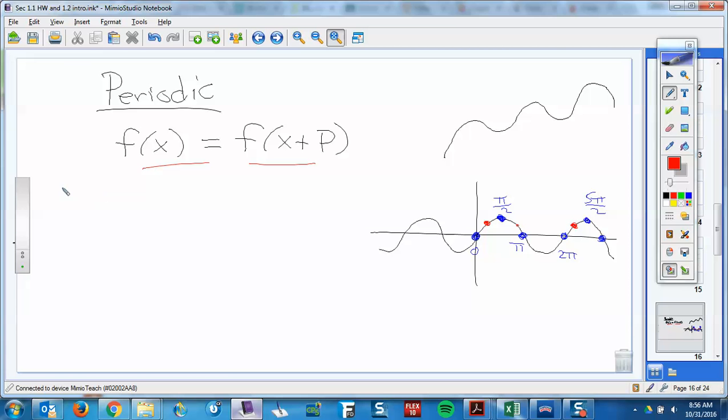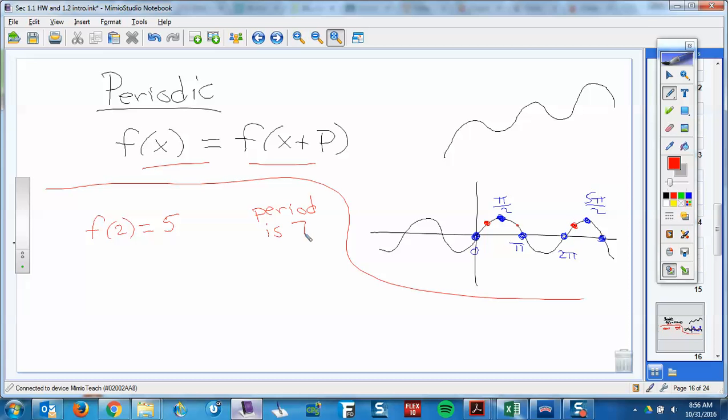Let's just say we're talking about some generic function f. And what if I tell you that f of 2 is 5? And I tell you that the period is 7 for that function. Okay? So some function, the period is 7, and I tell you f of 2 is 5.